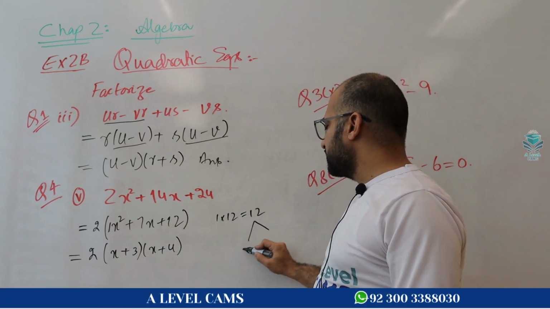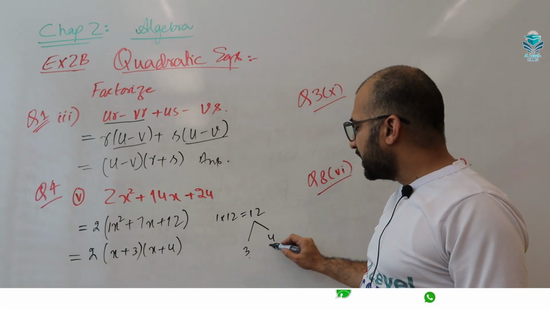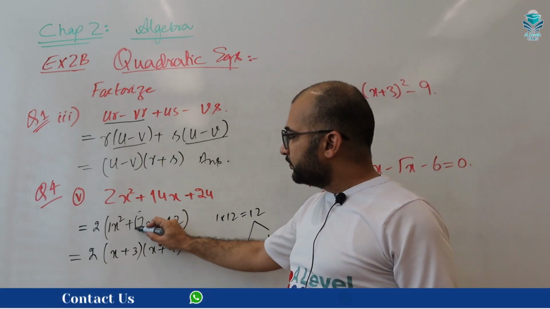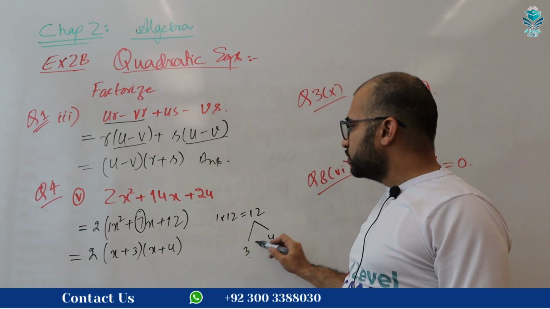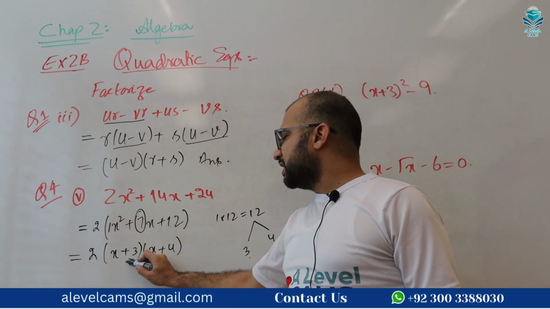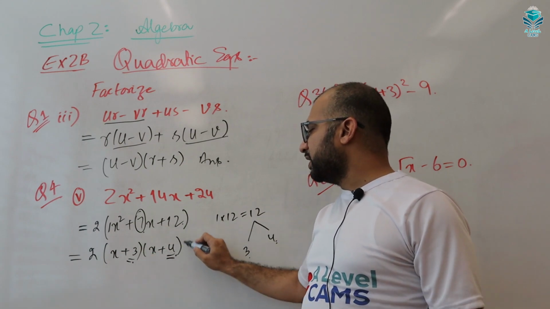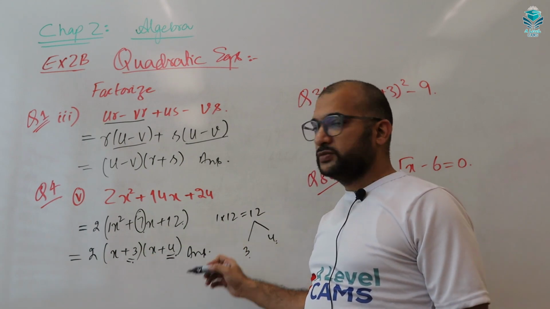So you can find its factors 3 and 4 such that if you add you will get 7 and if you multiply you will get 12. So immediately you can see that if we add these we will get 7 and if we multiply we will get 12. So this is your answer.